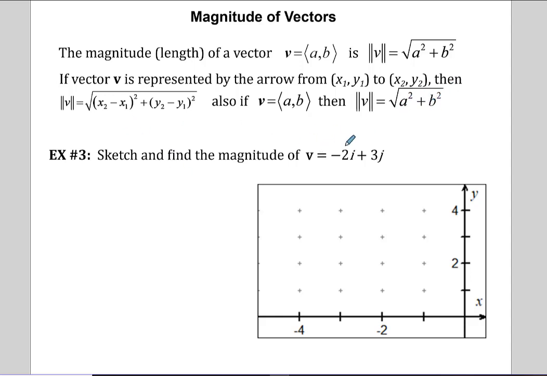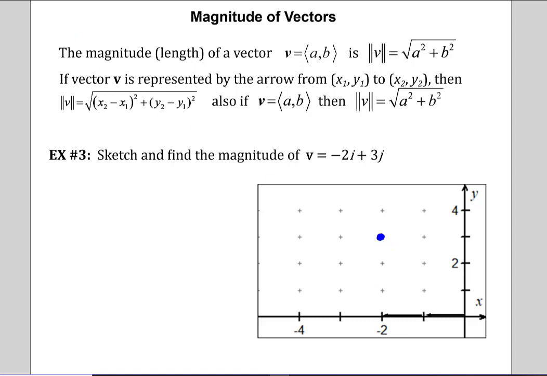So let's say we want to sketch and find the magnitude for -2 in the x direction and 3 in the y direction. So do you get the idea that the i and the j, they're just a unit vector? There's one unit vector, 2 unit vectors, and then we're going to go 1 unit vector, 2 unit vectors, 3 unit vectors.